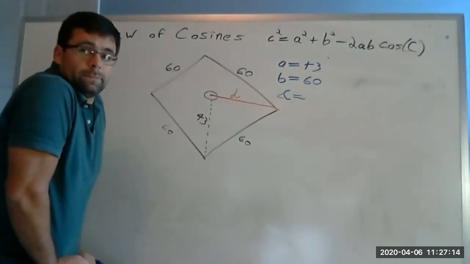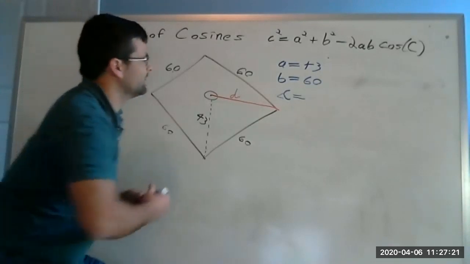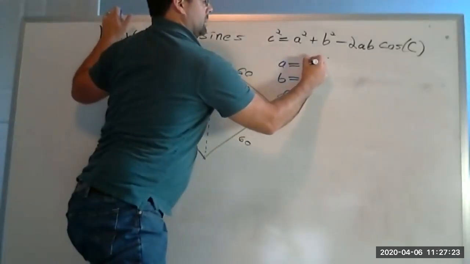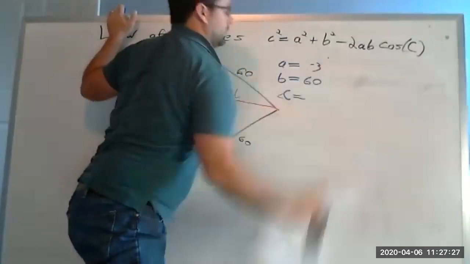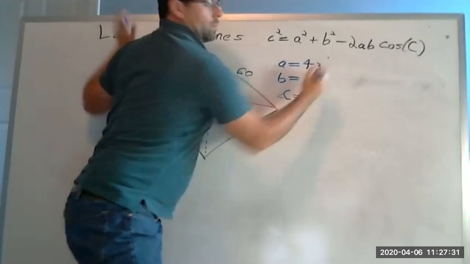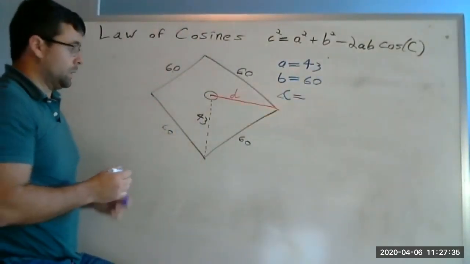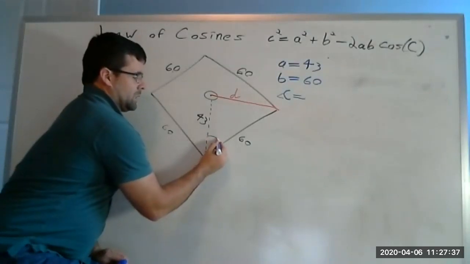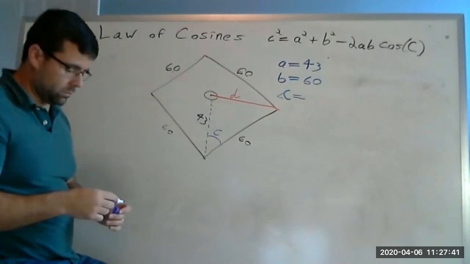First of all, where is it? It's on the bottom left corner. So this is angle C. I agree.